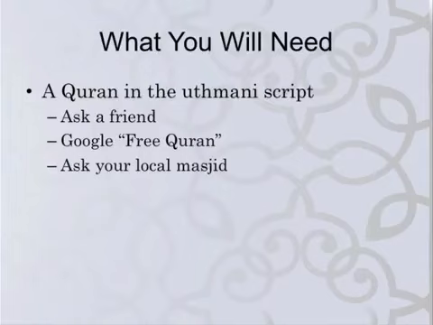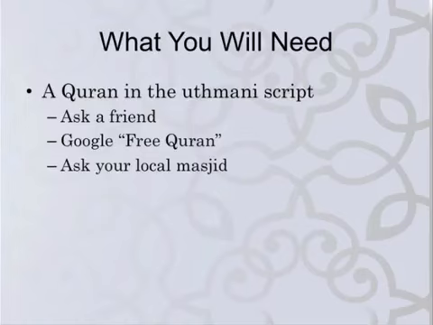But I want you to find a Quran, and not just a translation, the real Arabic Quran in the Uthmani script, in the written Arabic script. So you're going to ask a friend. You can always Google free Quran, and there are multiple organizations who will send you a free Quran.